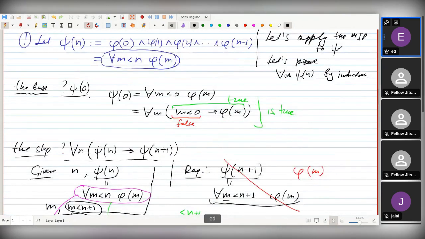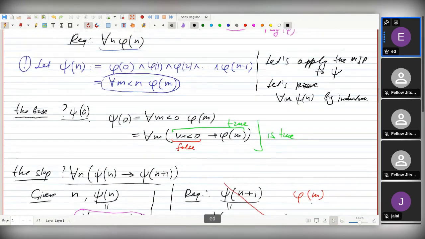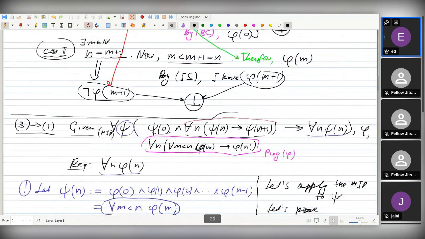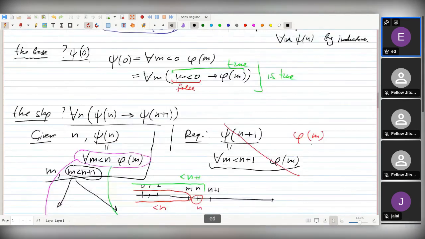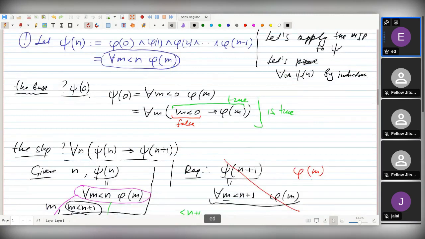The base is done. So I can apply the mathematical induction principle to psi. Why can I? Why may I apply it? Because it is given. It is given as one of my assumptions. I have everything in place now.